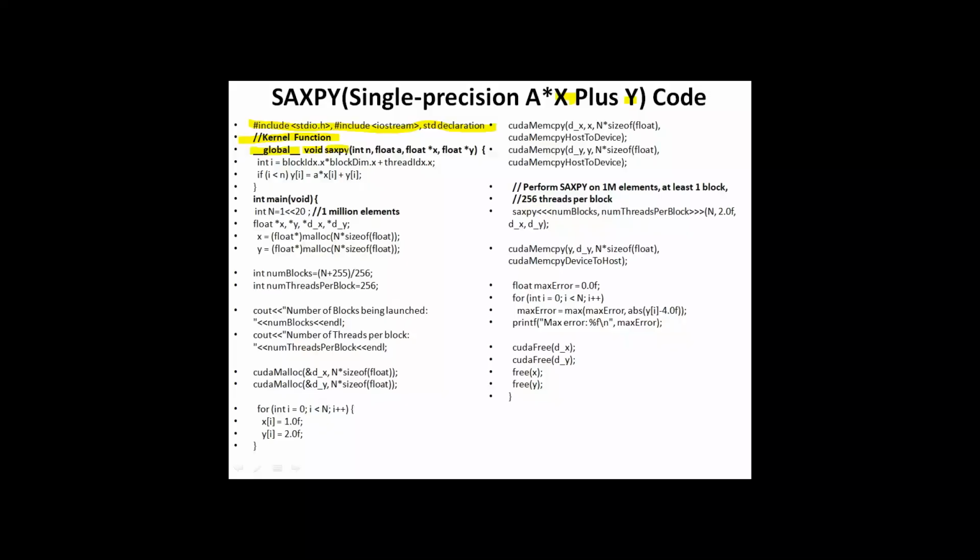Name of our kernel is saxpy, and its arguments are integer n, the number of elements of the array to be processed. Then this variable a, which has to be multiplied with the x elements, that is a single element float a. Then float *x, that is the pointer to the first array x, and float *y, that is the pointer to the second array.